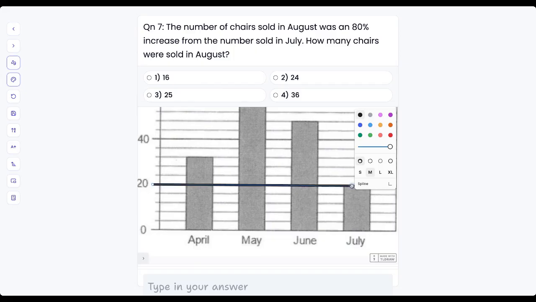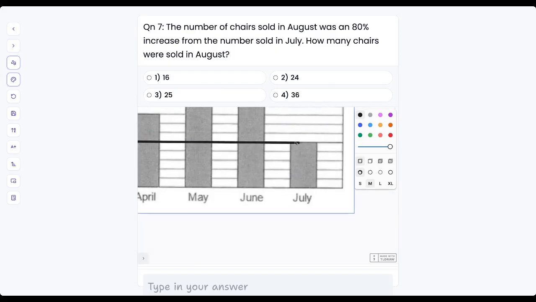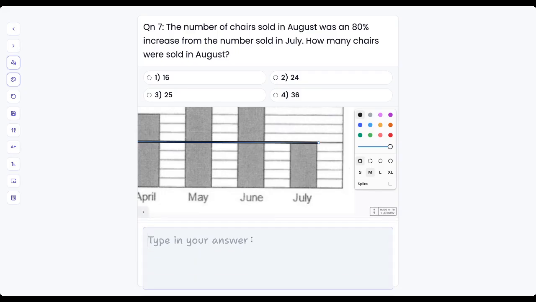So we can write down that July is equal to 20. It says here August was an 80% increase from the number sold in July. So that means August is equal to July plus 80%.